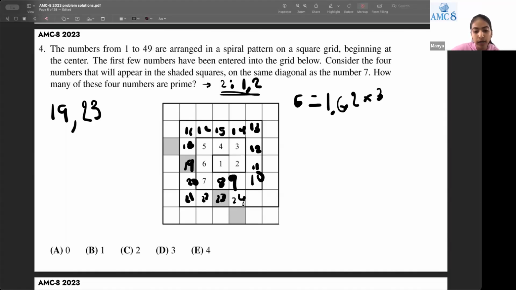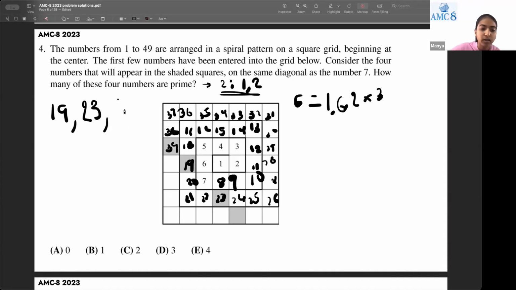This one would be 24, 25, 26, 27, 28, 29, 30, 31, 32. And if we keep going, we get 33, 34, 35, 36, 37, 38, and 39 will be following in the shaded area.